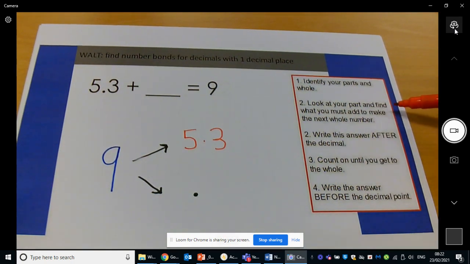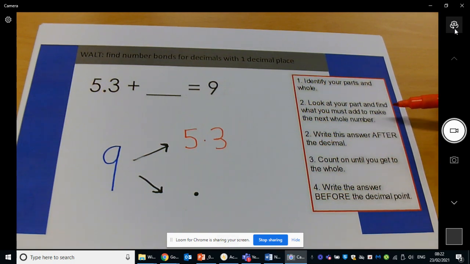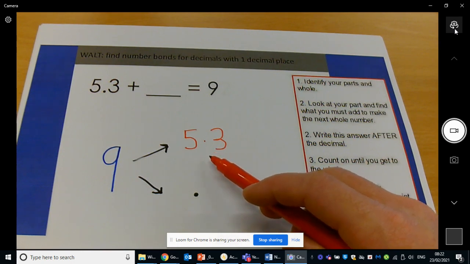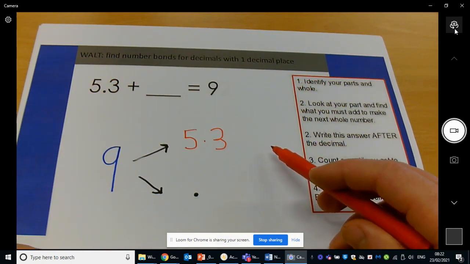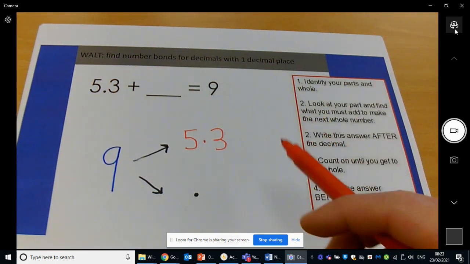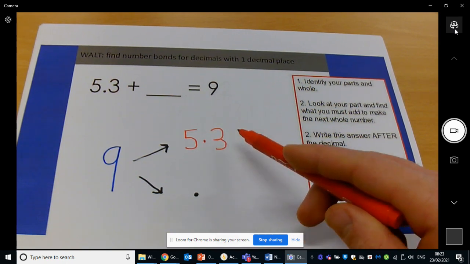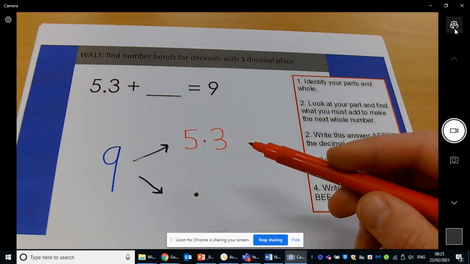Right, look at your part and find what you must add to make the next whole number. My part is 5.3, and I know the next whole number after 5.3 is going to be 6. Even though I don't have a number line, I know that there are 10 tenths in one whole, so I need to get this 3 up to a 10.